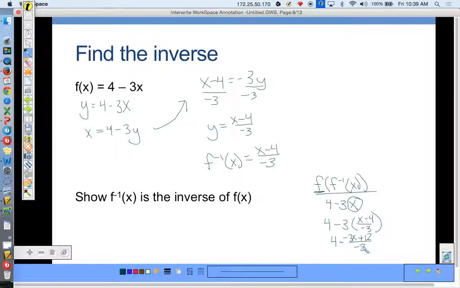Alright, and then we can divide both of these by 3, so we have 4 plus x minus 4, and we notice 4 minus 4 gives us x. So this one's a little messy as well, but you can see if you do that algebra, out will come an x.